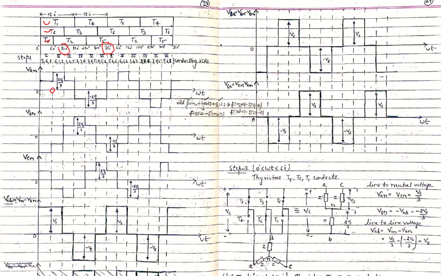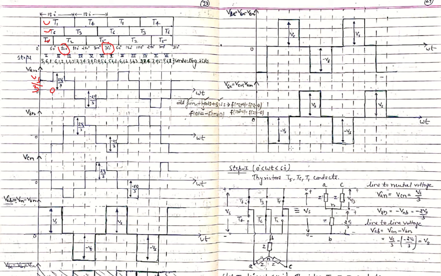So assume this is the level of Vs by 3. Up to this point, this is the level of Vs by 3, so Van equals Vcn. So we will draw Vs by 3 here and Vs by 3 here.